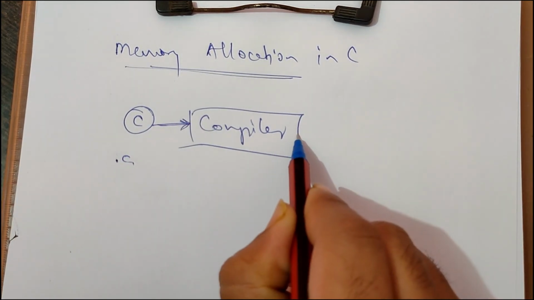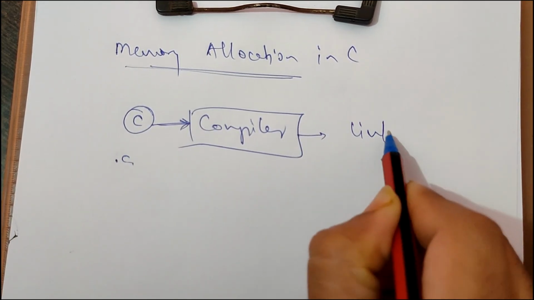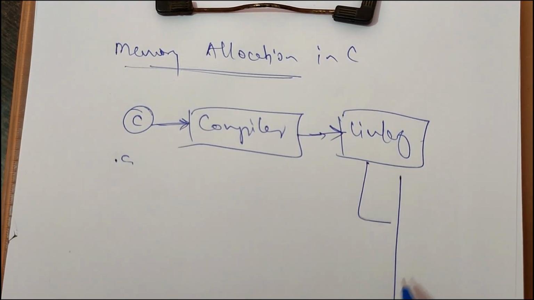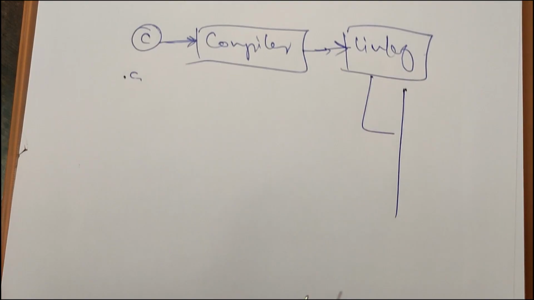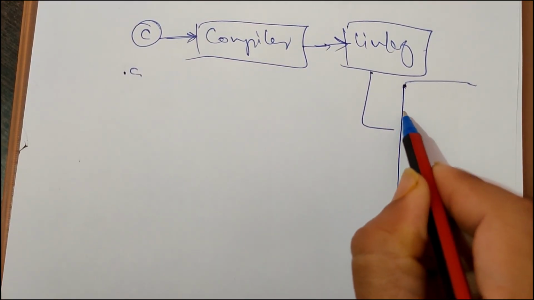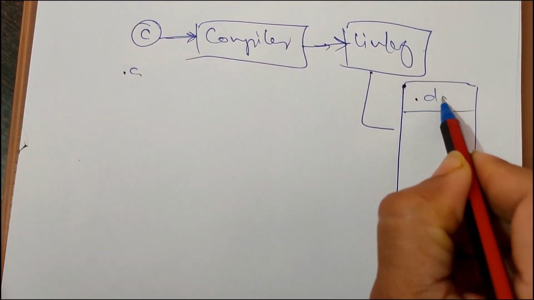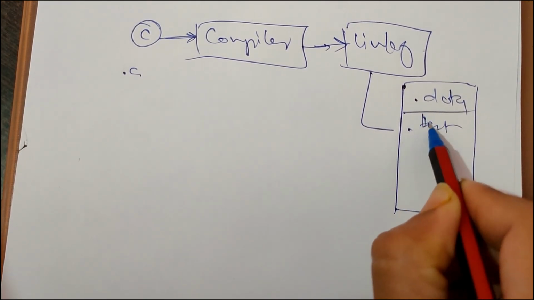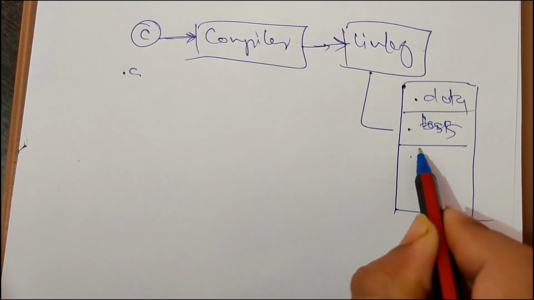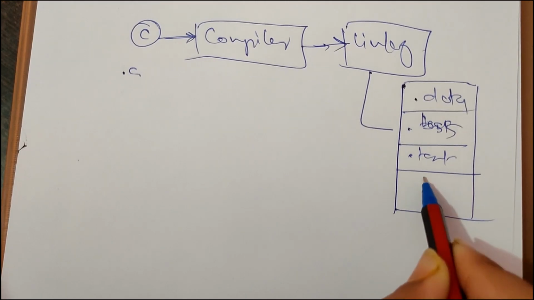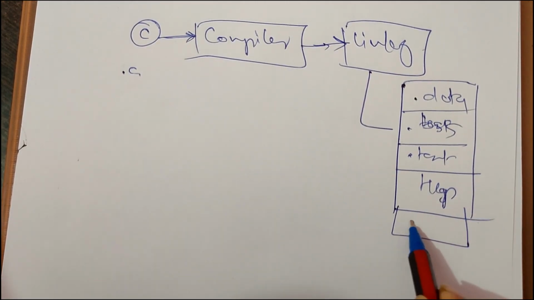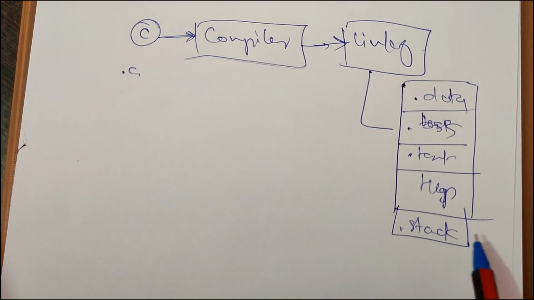Here a linking process is involved, and that linker, here I have a memory layout. Here .data section, .bss, then .text section, heap, and one more, that is .stack.